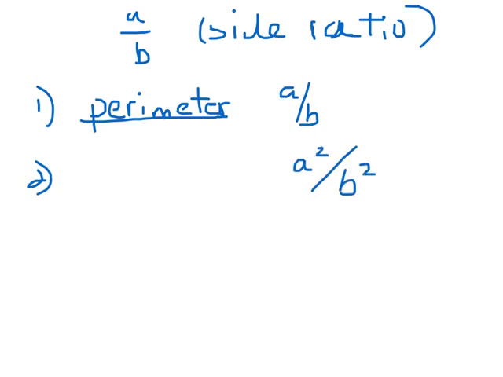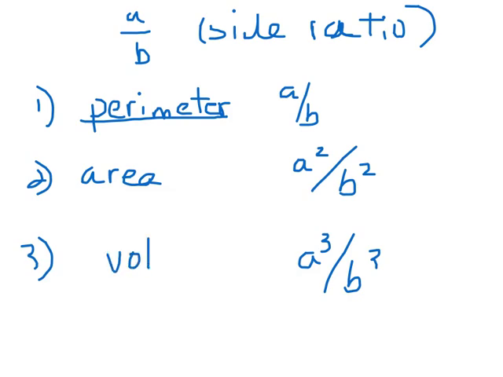Okay, so what ratio would be A squared over B squared? It's the area, because area is a square type of measurement. The volume is cubed. So if you took the side ratio and cubed it, you could get the ratio of the volumes. Now this is really useful because if you're talking about similar figures, you can make proportions and solve them.